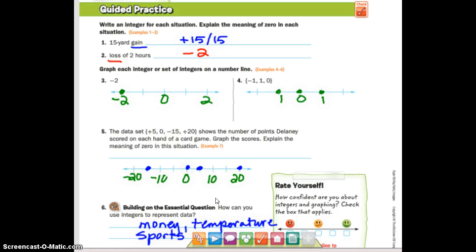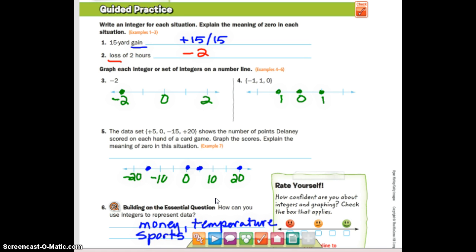On number 3, I have a spacing of 1, but I've only written -2, 0, and 2. On number 5, my number line is not big enough to go out to +20 and -15 if I were to mark each hash, so I've denoted that my intervals are 5. And again, I didn't list every number. Every other one would be 10. Does that make sense to you?